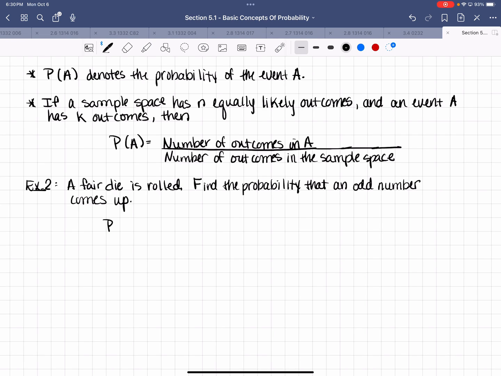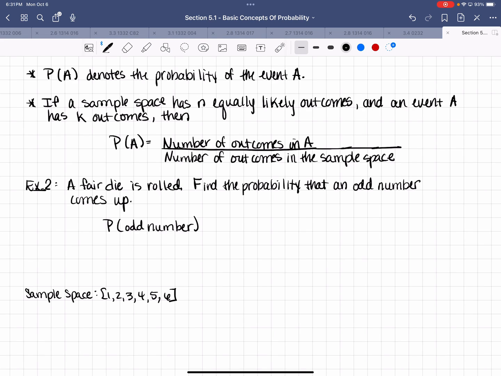So we're looking for the probability of an odd number. All right, so let's think about what my sample space is. 1 through 6, right? It's going to be 1, 2, 3, 4, 5, 6, okay?